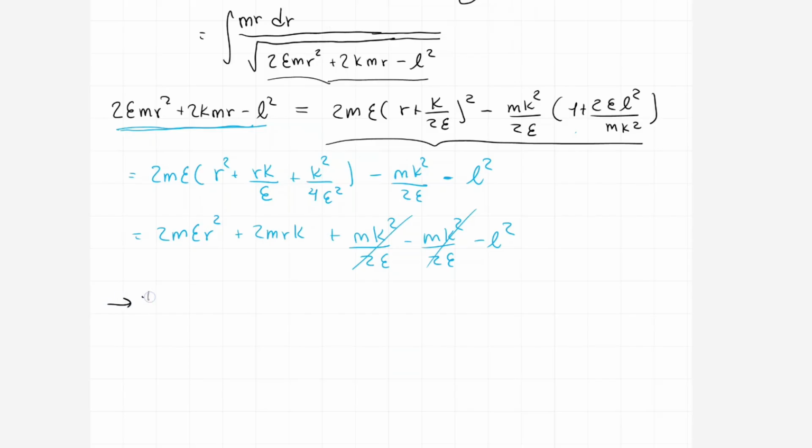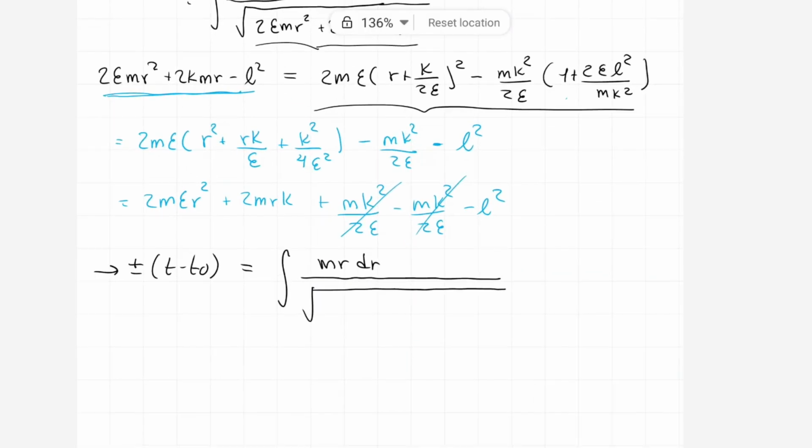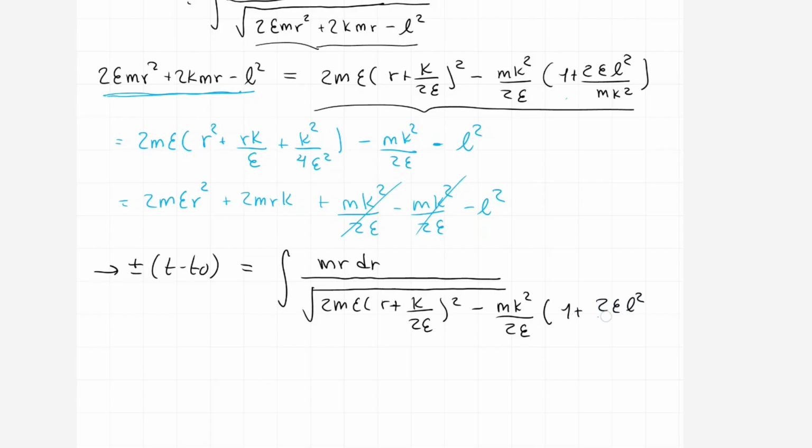So we are going to get that plus minus t minus t0 is equal to the integral of mr dr all over the square root of 2mE times (r plus k over 2E) squared minus mk squared over 2E times (1 plus 2El squared over mk squared).